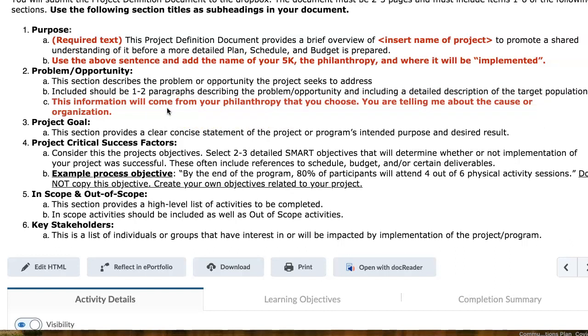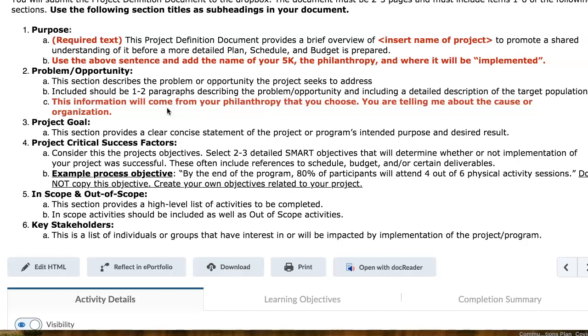So, if we were still to go with my St. Jude example, you would talk to me about St. Jude. You would talk to me about the philanthropy and why we would be raising money for St. Jude. You would need to make sure you understood the actual reason St. Jude exists, right? It is a research hospital focused on eradicating childhood cancer.